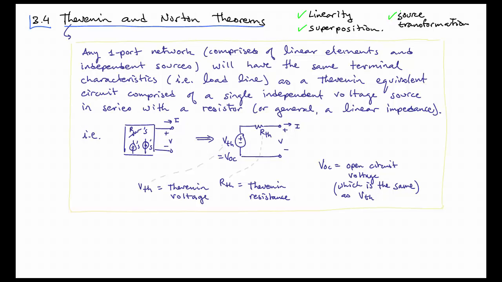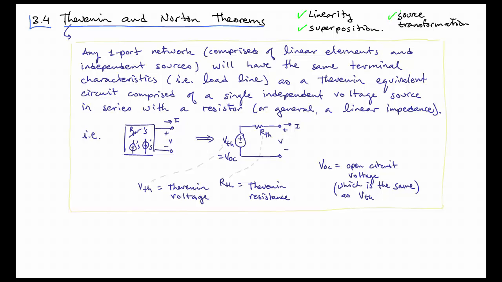So Thevenin theorem says that any one-port network comprised of linear elements, this could be resistors and dependent sources at this point, later that would include capacitors and inductors, along with independent sources, will have the same terminal characteristics, in other words, load line. We talked about load line in the source transformation video, so watch that if you don't know what is meant by load line.